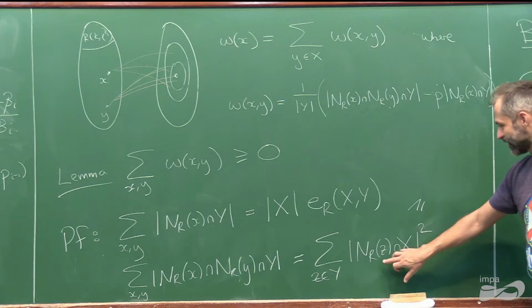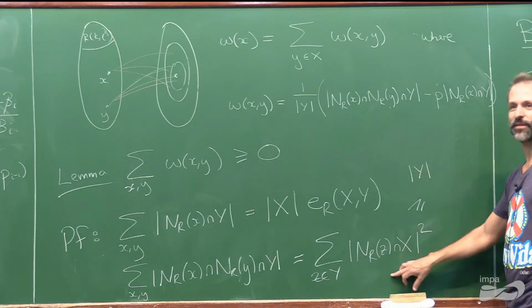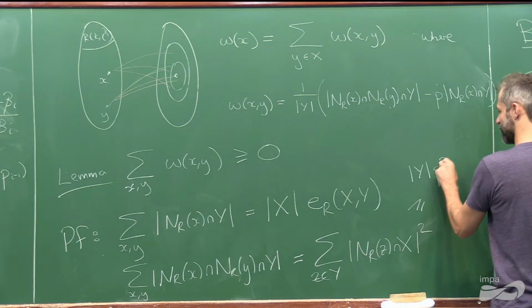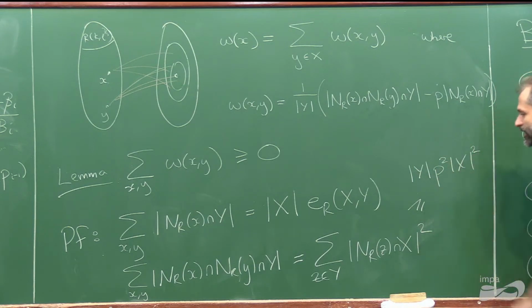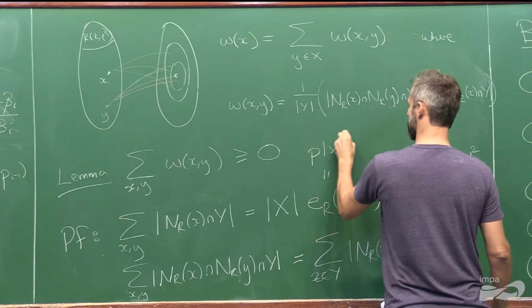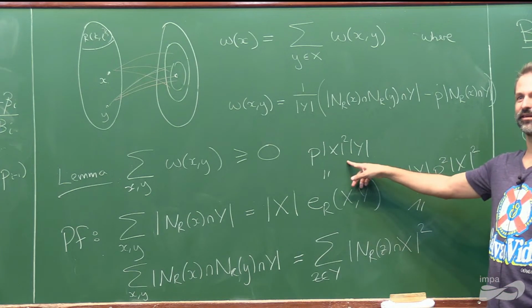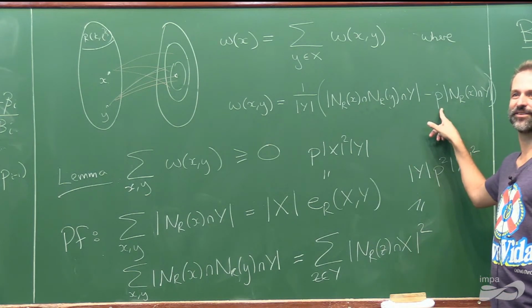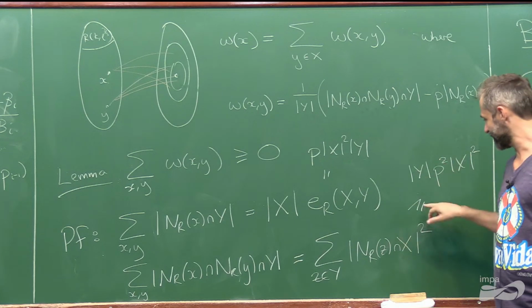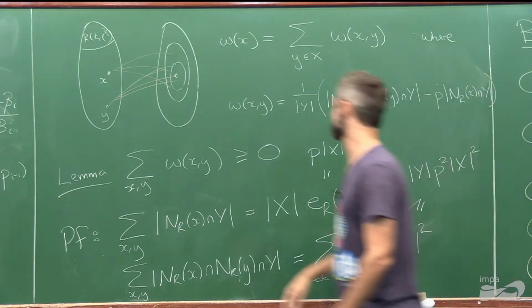It's minimized by taking all equal to p times x, at least y times p squared times x squared. But this thing is p times x squared times y. So they differ by a factor of p, which you had here. So literally just this inequality means this is bigger than that. That's it.